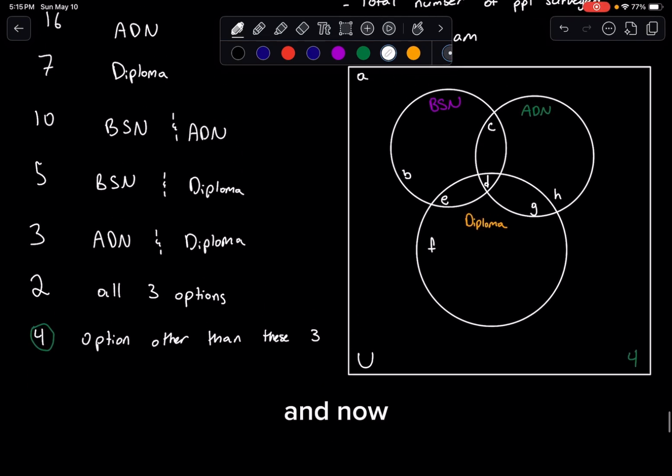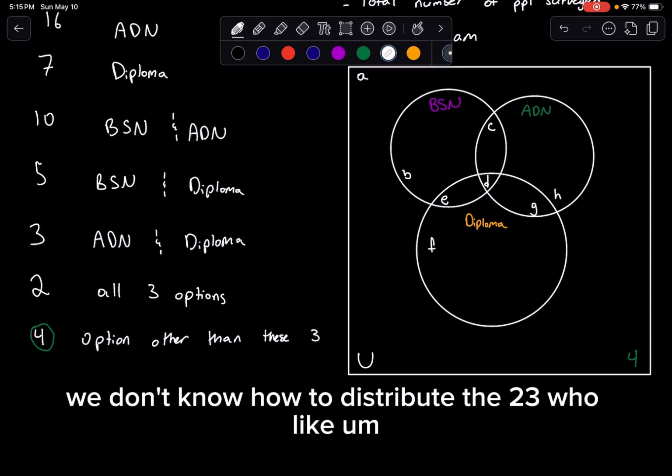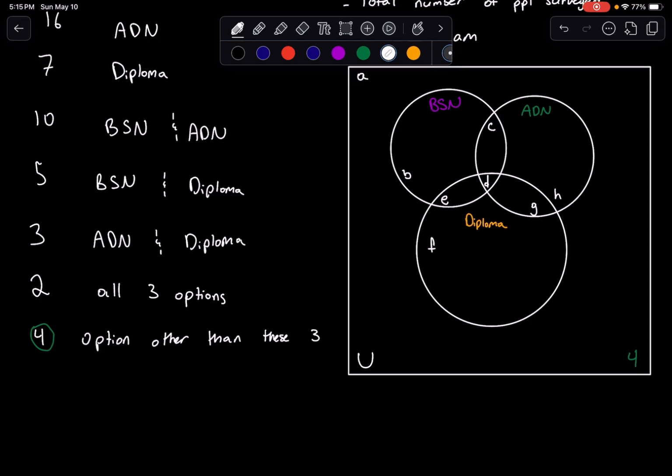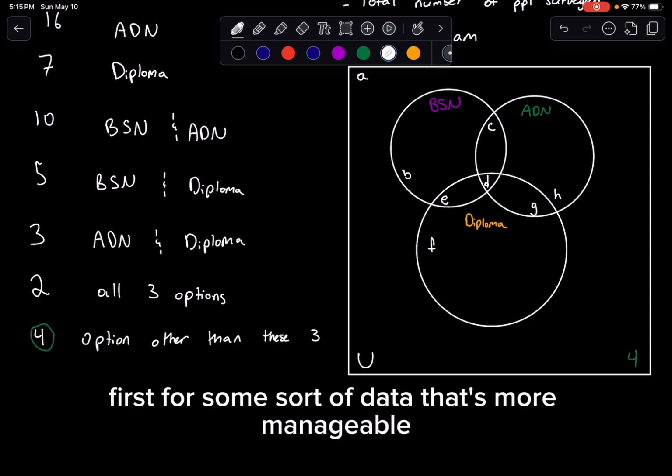And now we know that to get region D, because at the start we don't know how to distribute the 23 who like BSN, we look first for some sort of data that's more manageable.